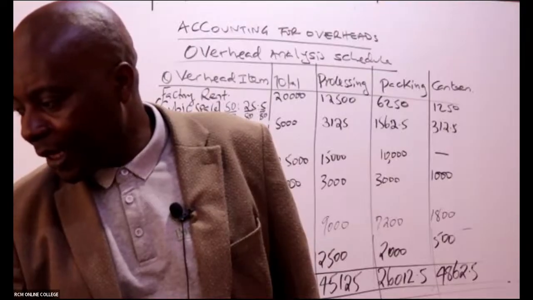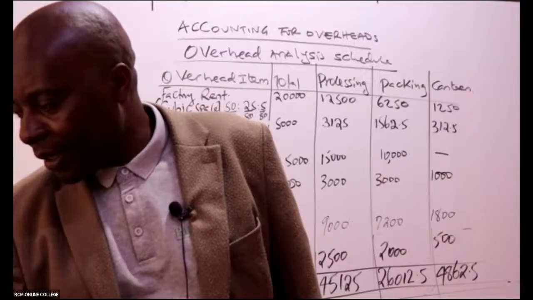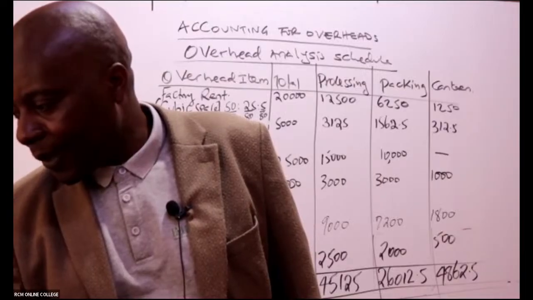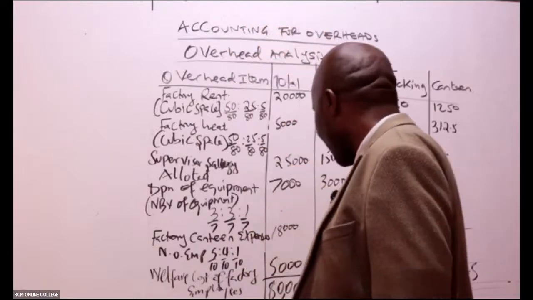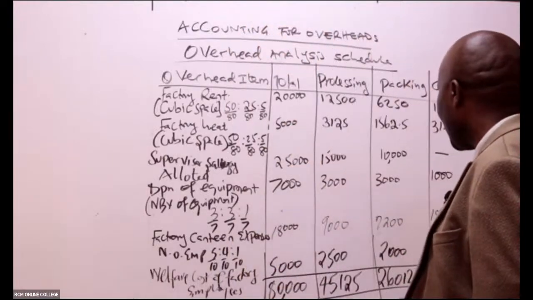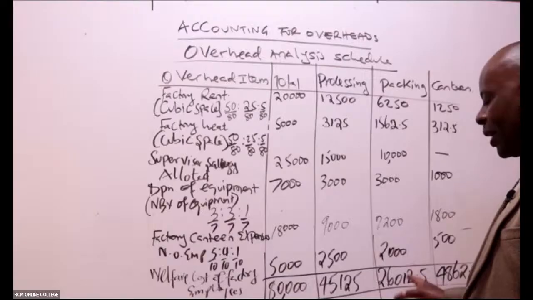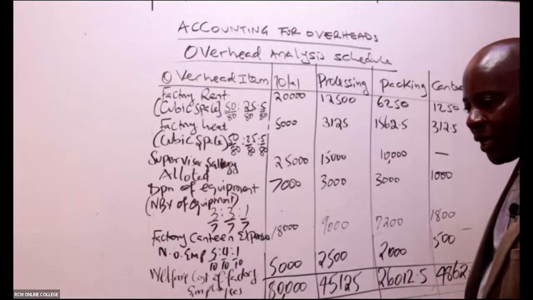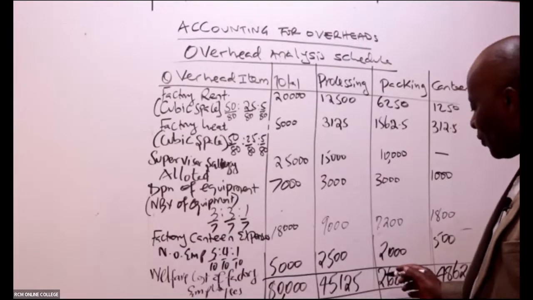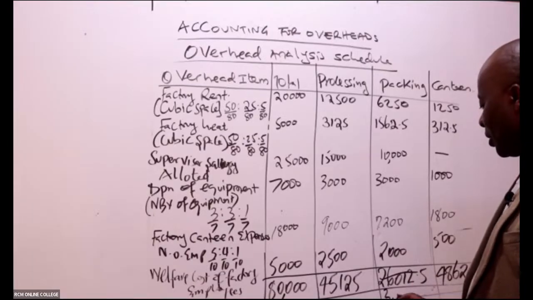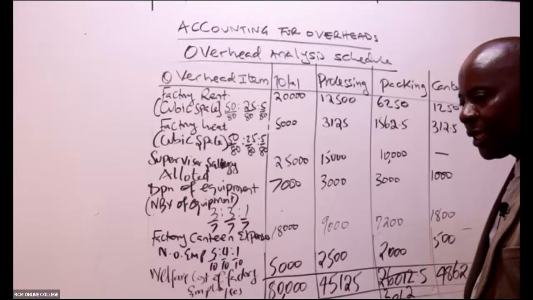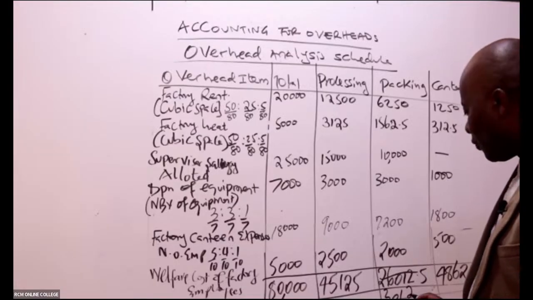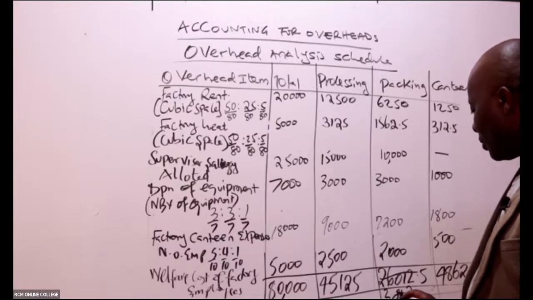They're saying, Mwalimu, we have lost something. For packing, I'm being told the figure is wrong. It is supposed to be 30,012.5.